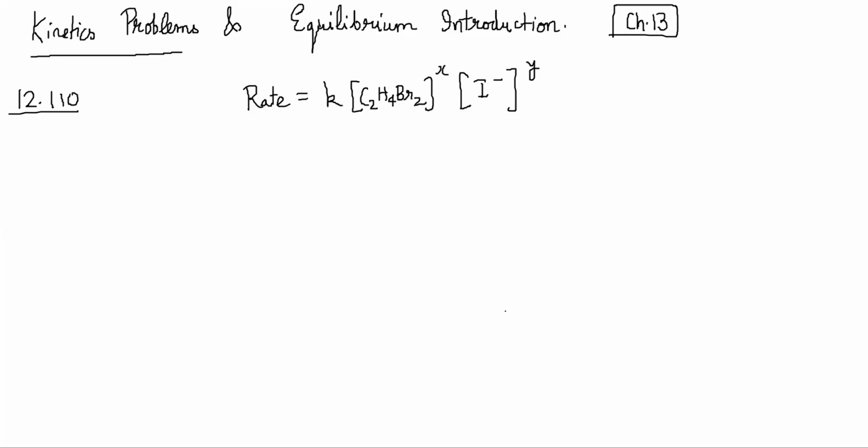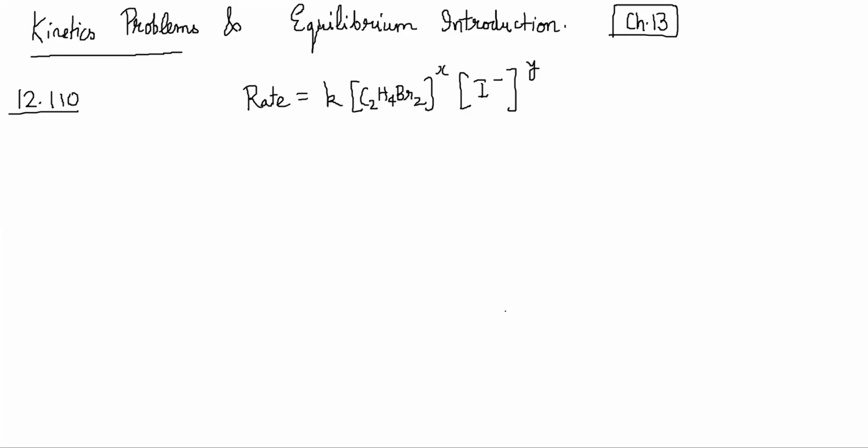Let's find the ratio of the rates: 17.4 into 10 power minus 5 is the rate here, and there it was 6.45 into 10 power minus 5. So it's almost 3 times, it's 2.7, and this is also 2.7.